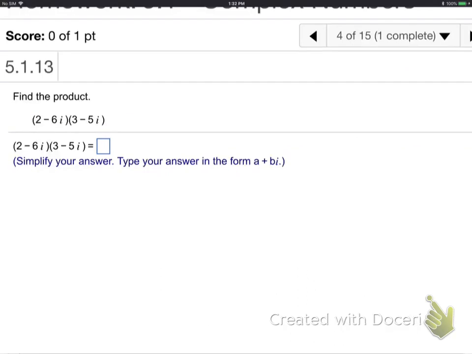All right. 2 minus 6i, 3 minus 5i. So now we're going to multiply. You know how to do this, right? It's just pretty much normal FOIL, but whenever i squared shows up, replace it with -1. All right, so try that. Go ahead and FOIL. First to both, second to both. You know how to do that kind of thing.